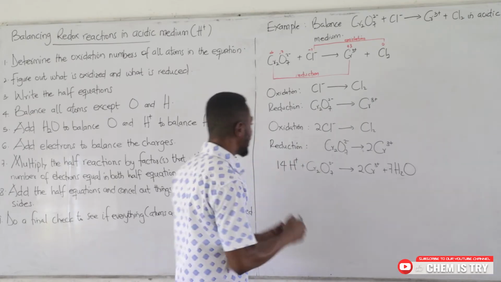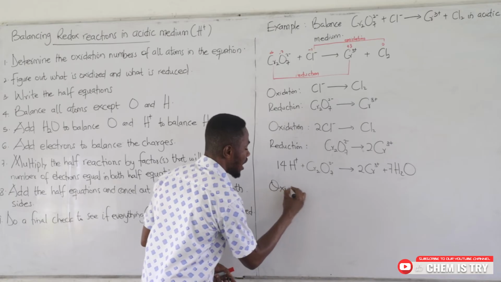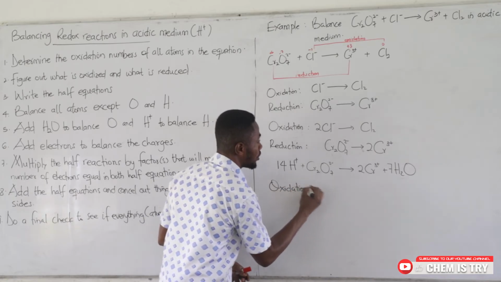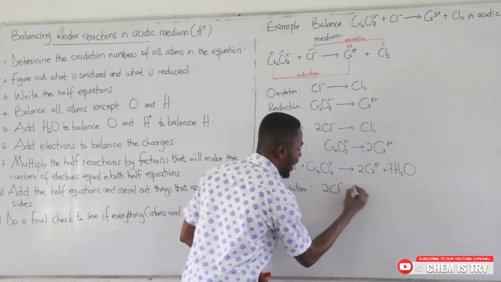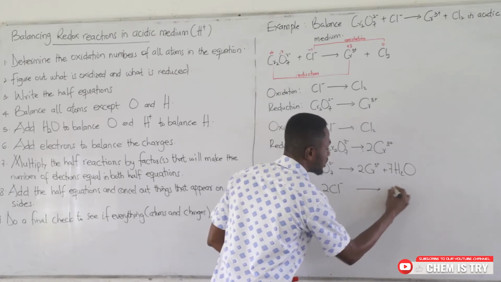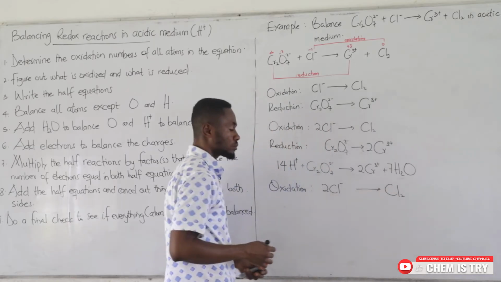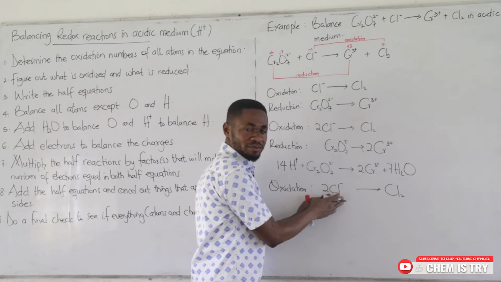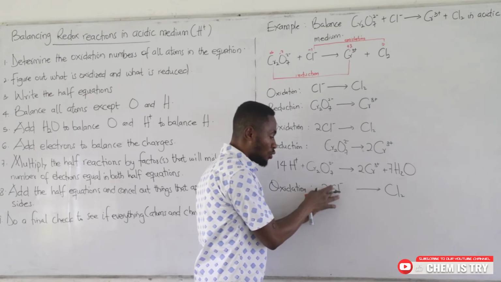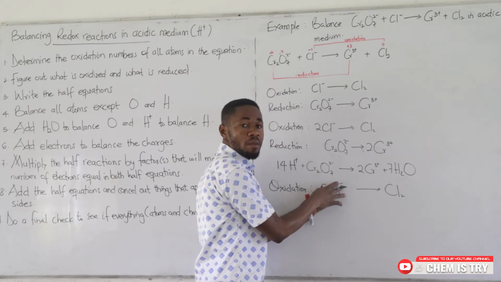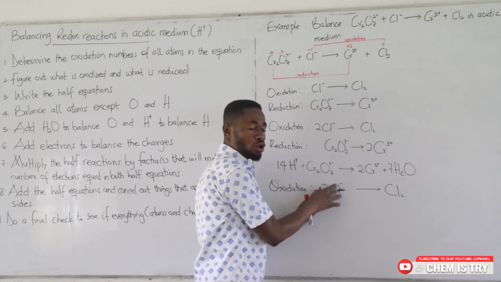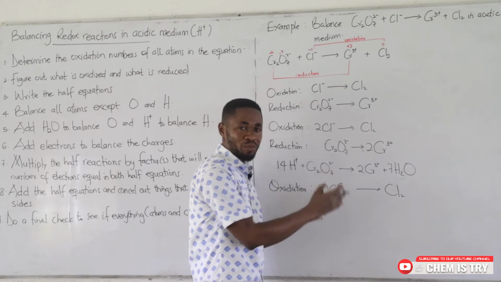So let's first take the oxidation half reaction, which is 2Cl- going to produce Cl2. Now over here, the oxidation number of chlorine: chlorine is an ion here, a chloride ion, and it is a simple ion.